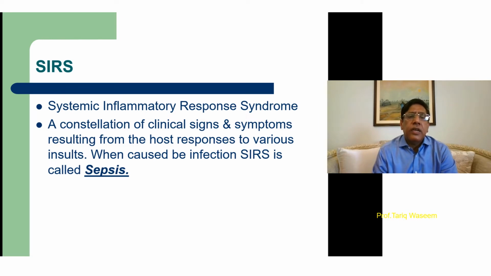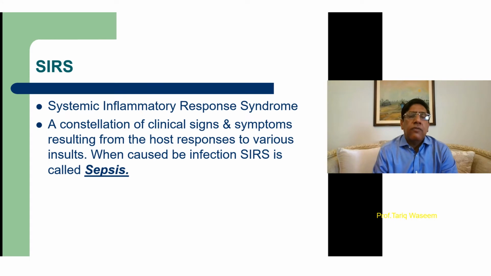But when this inflammatory response overwhelms and does not stop and goes into perpetual action, that it keeps on continuing, and instead of walling off the insult or inflammation or injury, it starts damaging the host himself.